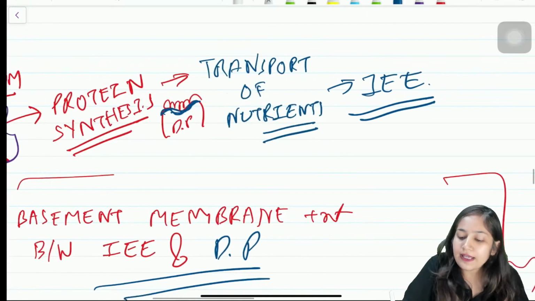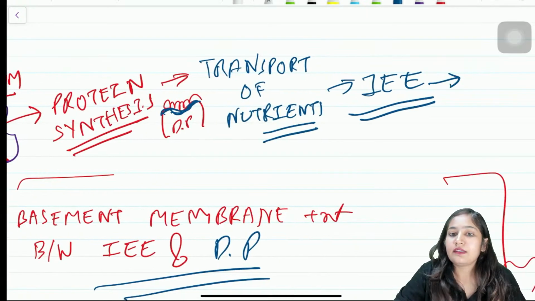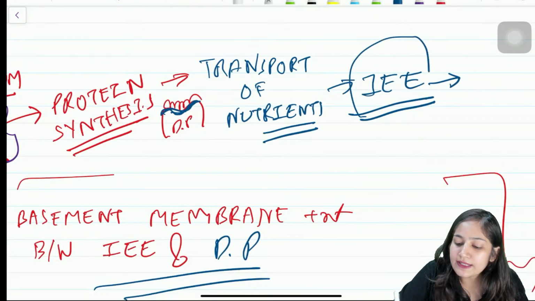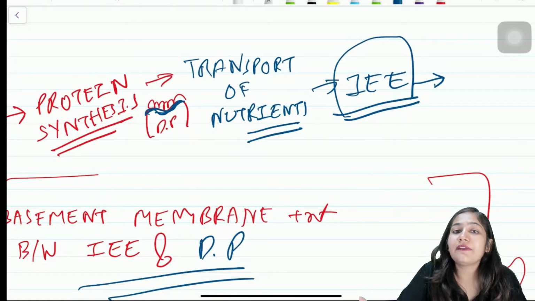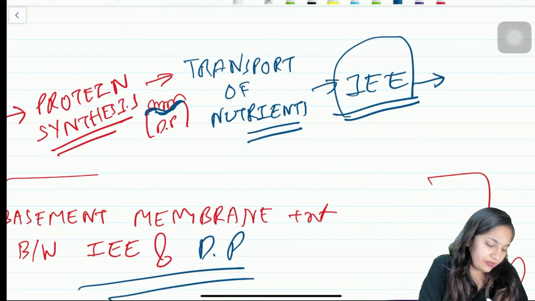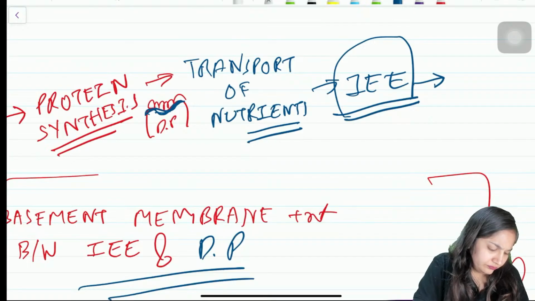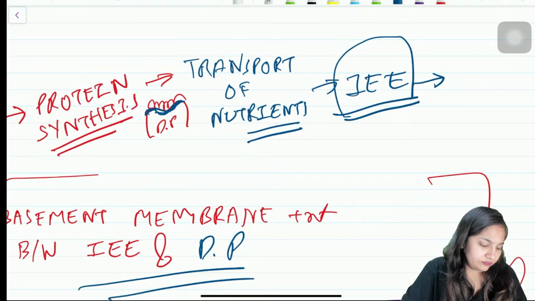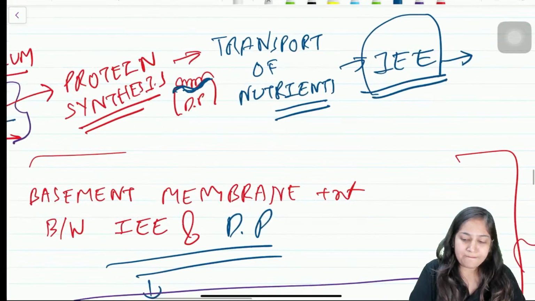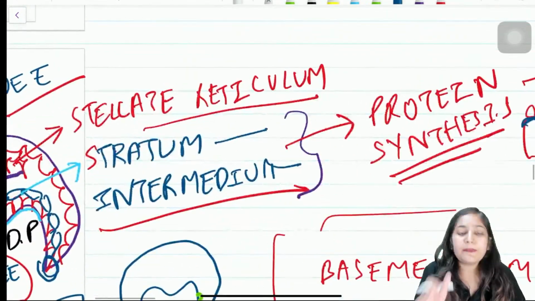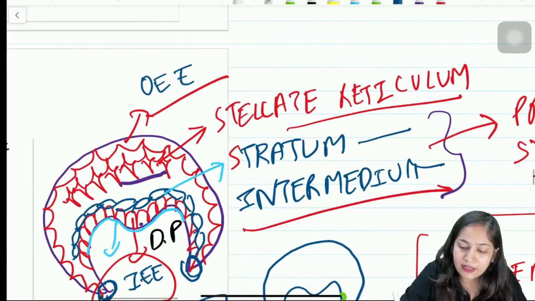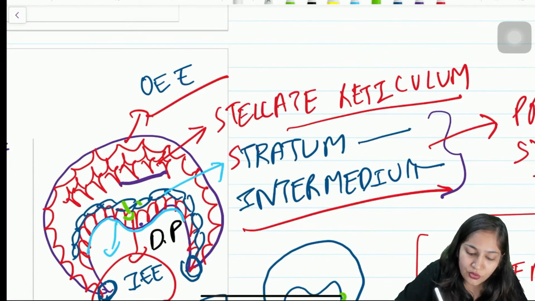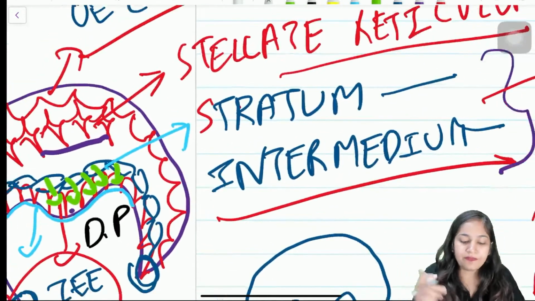These inner enamel epithelial cells will differentiate into ameloblast cells and they will form enamel. So stratum intermedium is associated with protein synthesis and transports nutrients to the surrounding inner enamel epithelial cells.